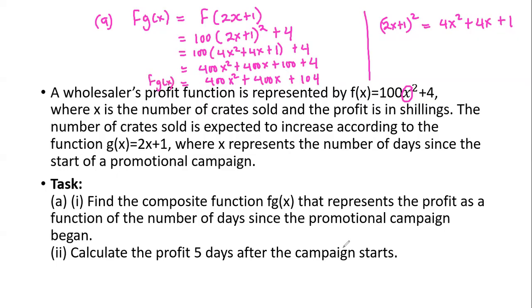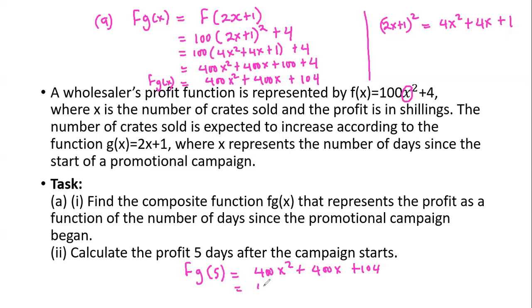Okay, thank you, Hunter. Then part B. Since they want us to find the profit 5 days after, we shall replace x with 5 in our (f∘g)(x) function. It will be 400x squared plus 400x plus 104.